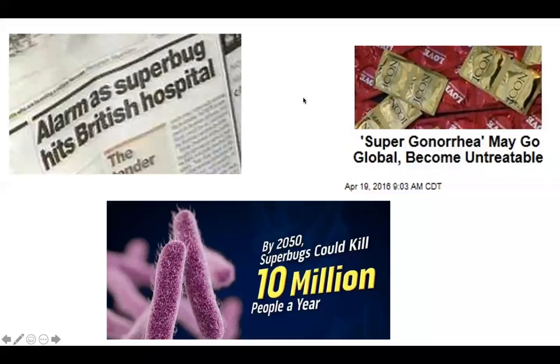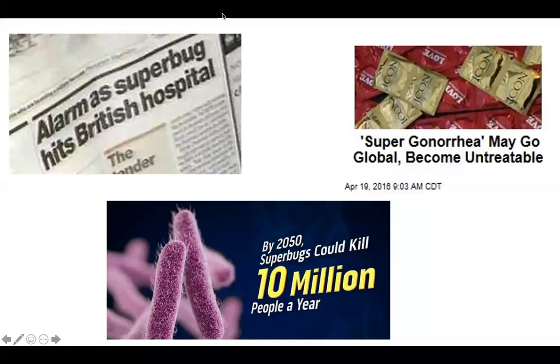So you can see some of the alarming headlines. Superbug in a British hospital, super gonorrhea. And by 2050, how many years away is that? So you'll be in private practice. By 2050, superbugs could kill 10 million people a year.